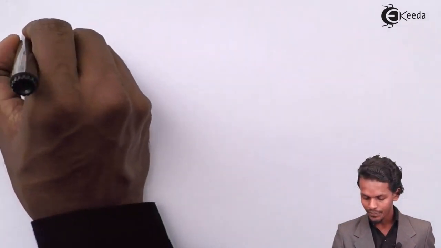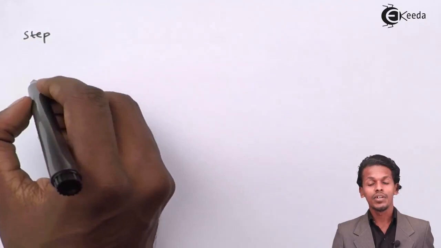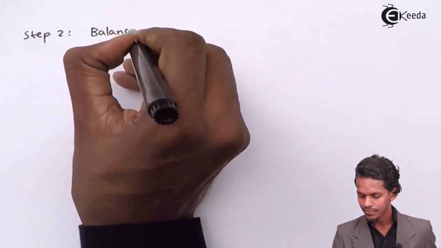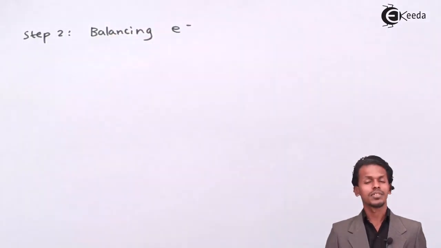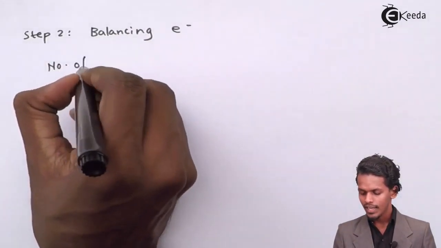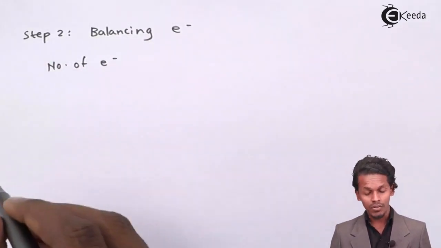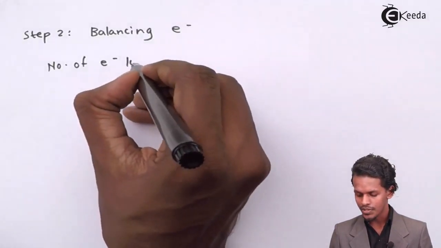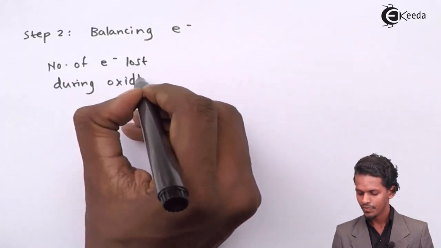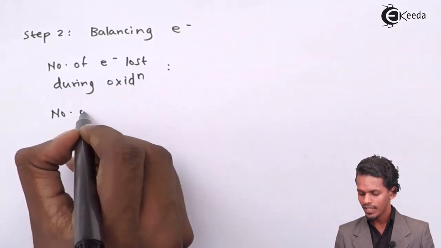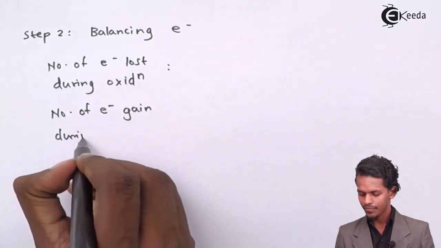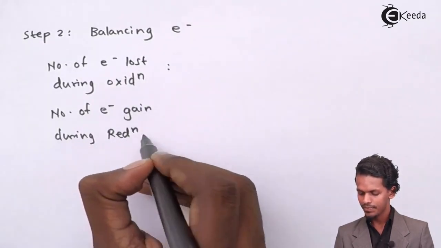So the next step will be step number 2, which means balancing electrons. We observe the number of electrons lost during oxidation and the number of electrons gained during reduction.